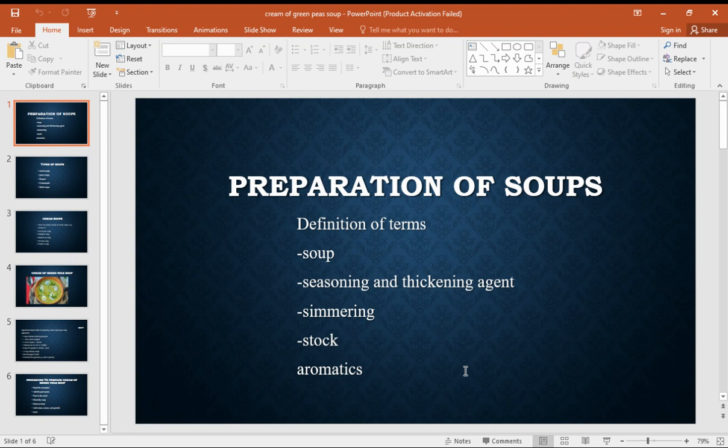Basically, stock is the base of many dishes such as soups, stews, and sauces. So in today's session, we are going to look at preparation of soups, and we will start by defining some key terms that are used in preparation of soups.